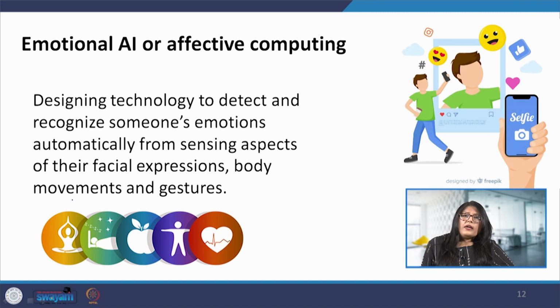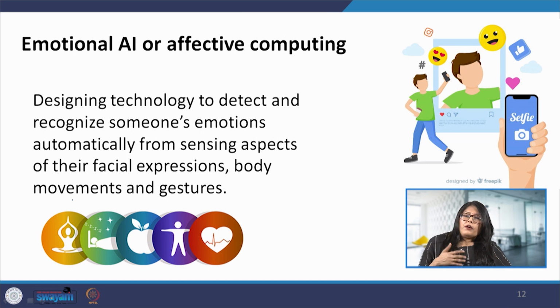So it has many applications. Like in the earlier example, we were discussing whether the system can sense if somebody is sad, maybe I should cheer them up. But that is not the only area of application, it is used in the area of healthcare, retail, education, even driving.